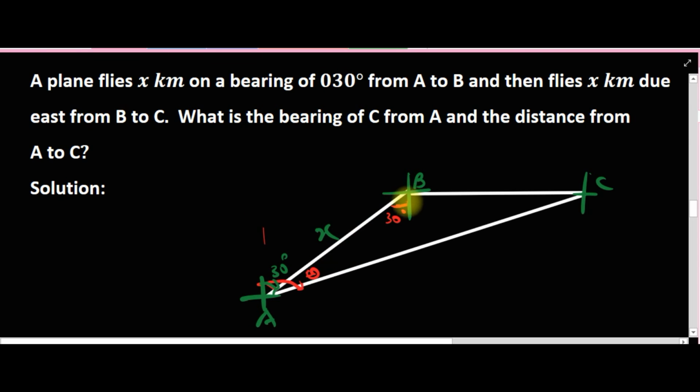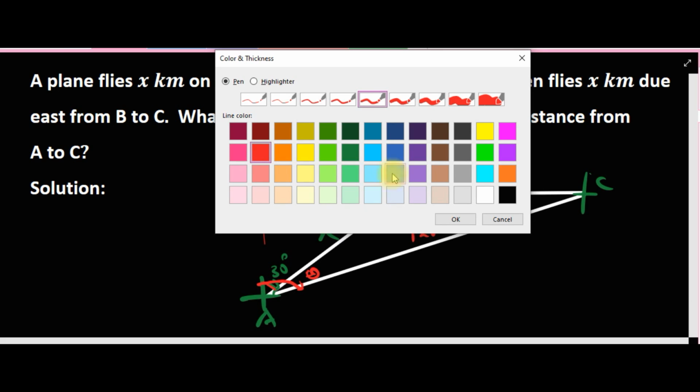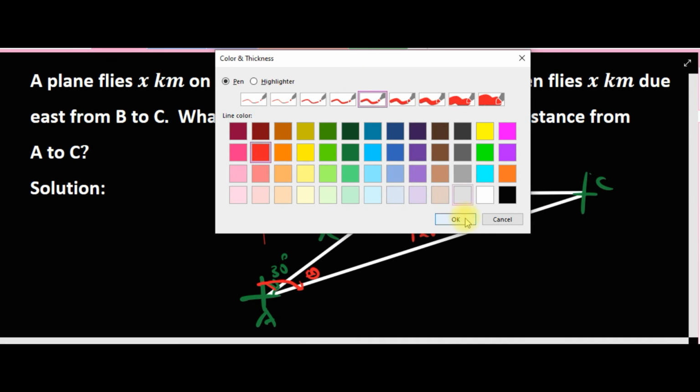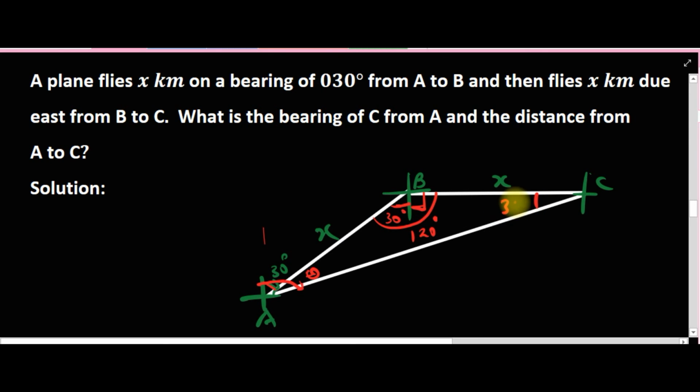This is a transversal, and this is 90 degrees, so we have 120 here. Since the distances are the same, here is x, so the base angles are the same, which is 30. So here is also 30 degrees.